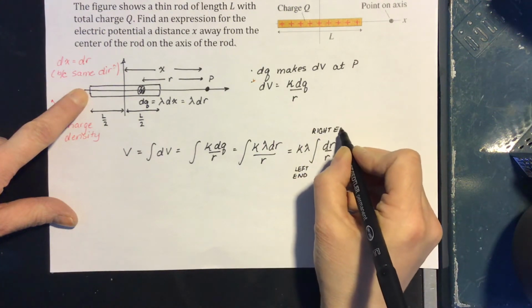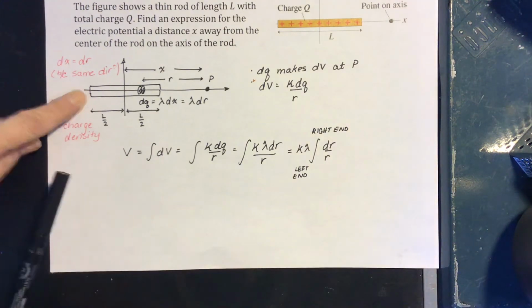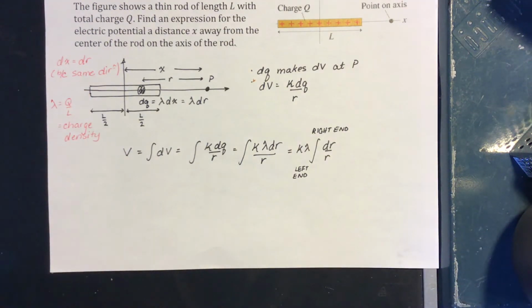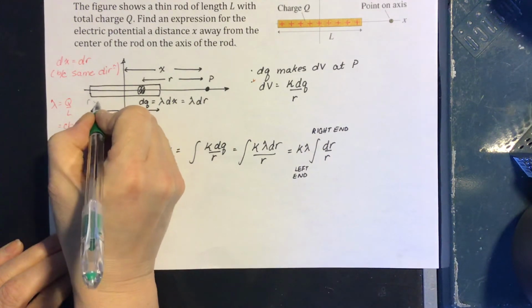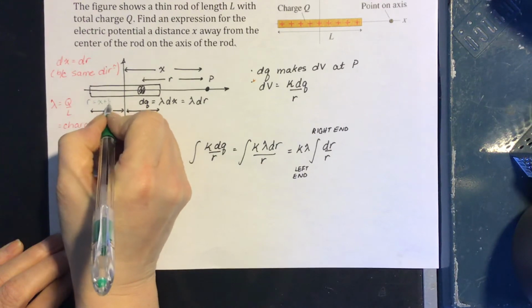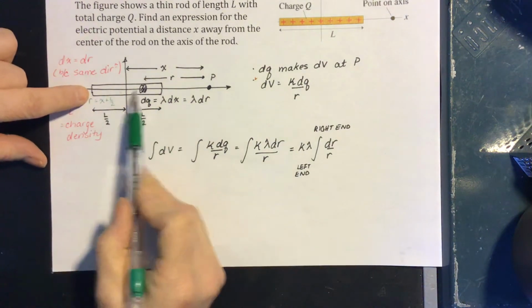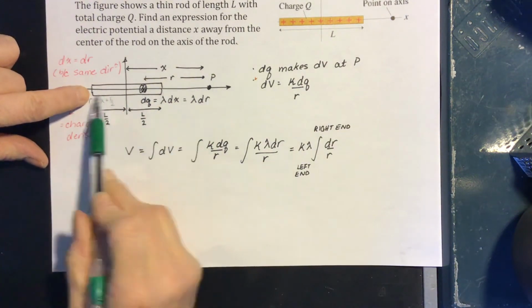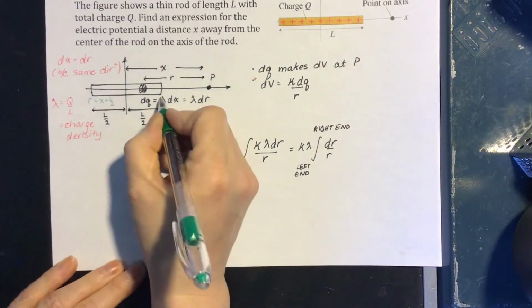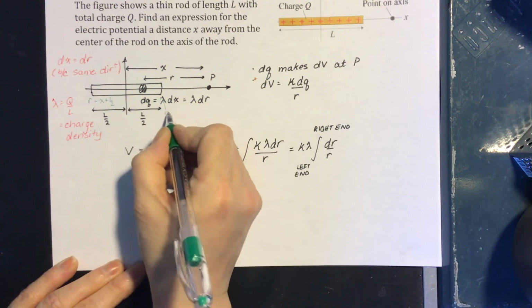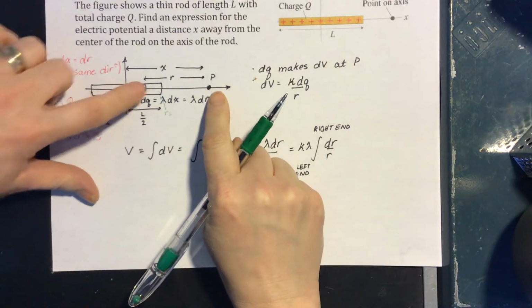At the left end, let's see, where am I going to fit this in my picture? Right here, r is equal to x plus L over 2. So at this end, the total distance away is from here to here. That equals this much plus this much, x plus L over 2. At this end, r is equal to this far, so that's x take away L over 2.